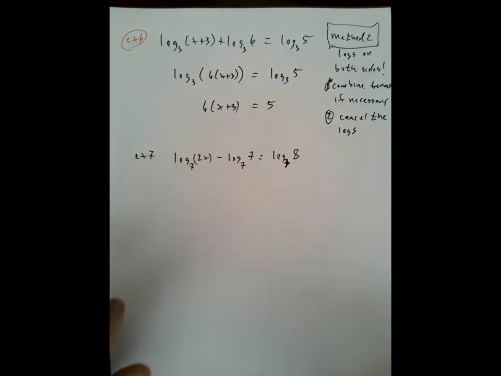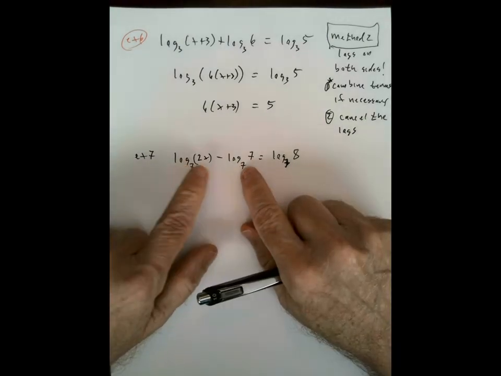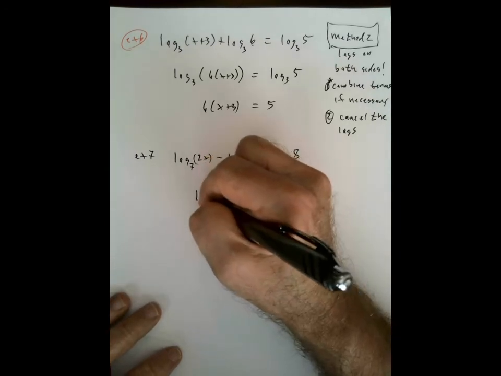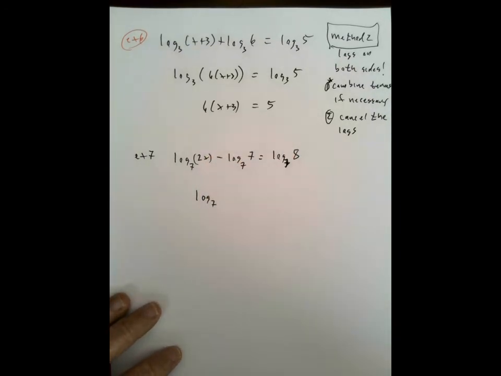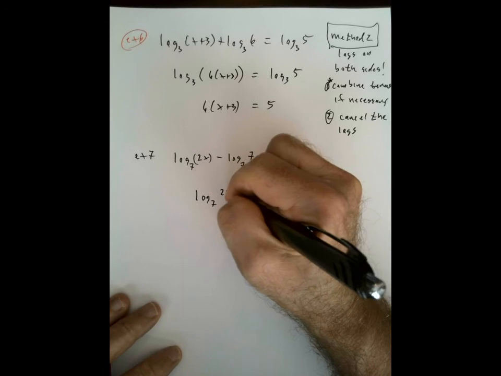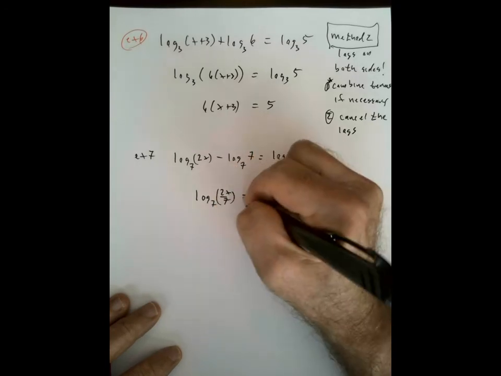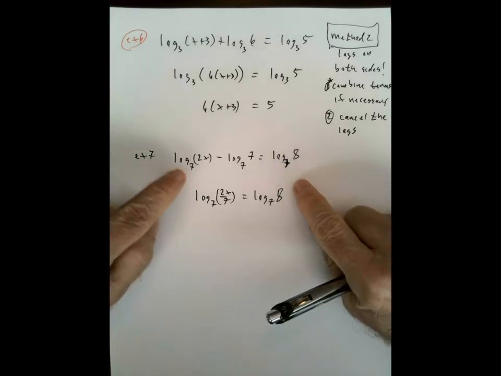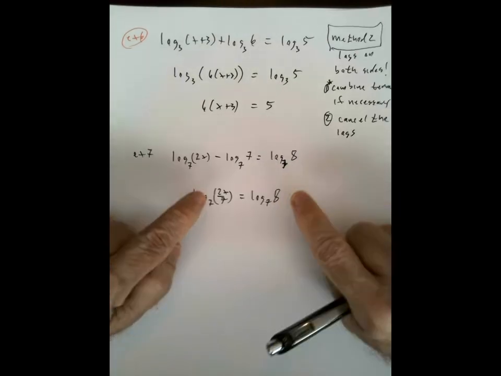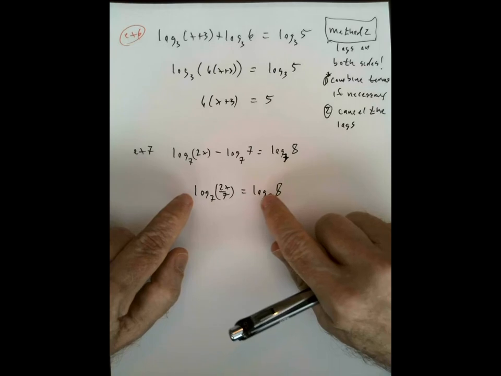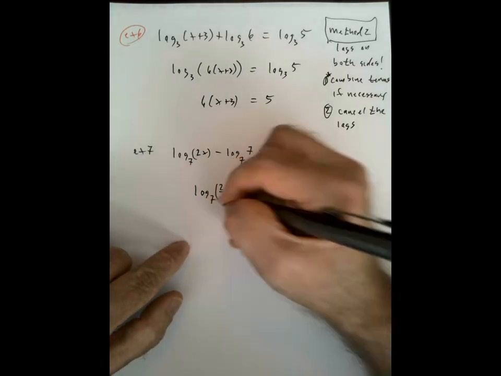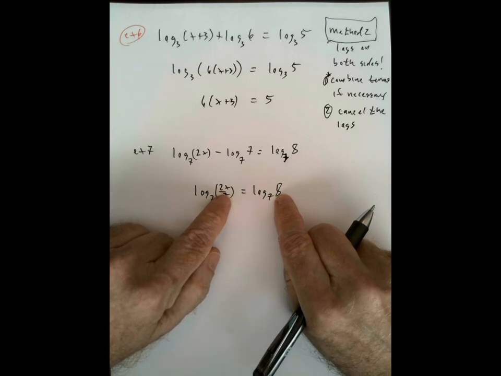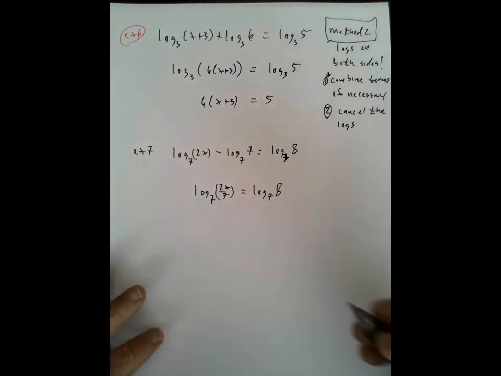Now we combine these. Subtraction on the outside, division on the inside. So this becomes log base 7 of 2x over 7 is equal to log base 7 of 8. Well, again, they're both log base 7. If the bases are the same, the interiors have to be the same. So in effect, the logs cancel out.